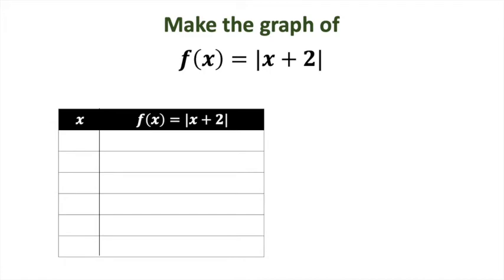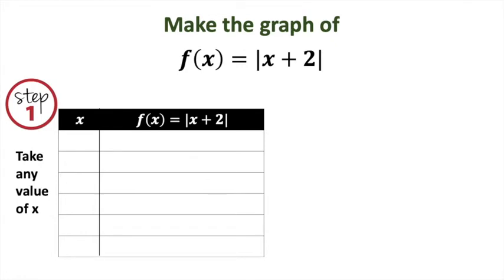Make the graph of f of x is equal to the absolute value of x plus 2. Now, step 1. Take any value of x. It can start from any number. For example, if you want to start this table from negative 10 or from negative 6, it's okay, up to you.